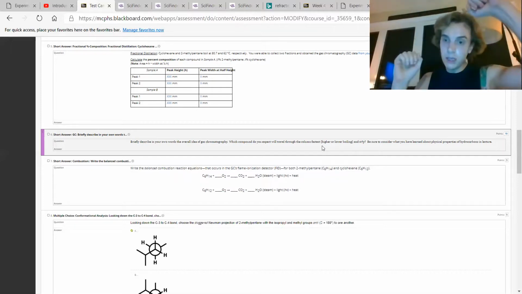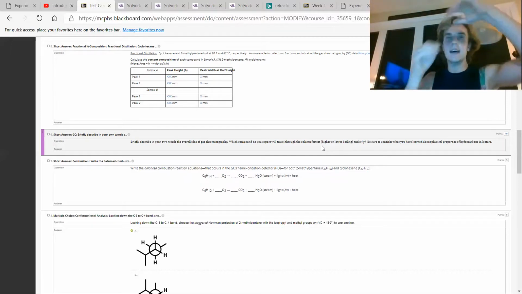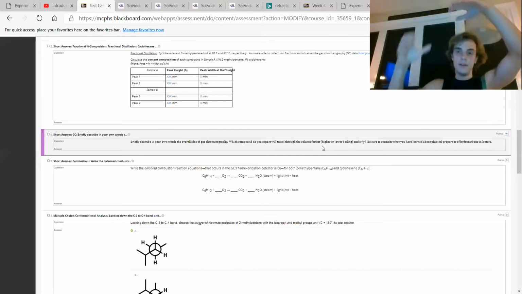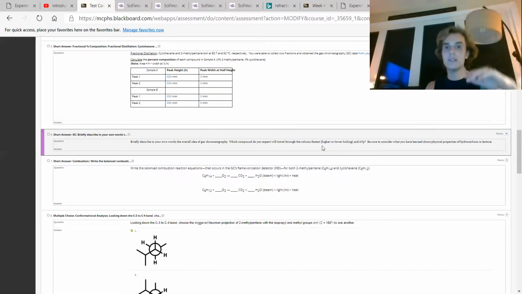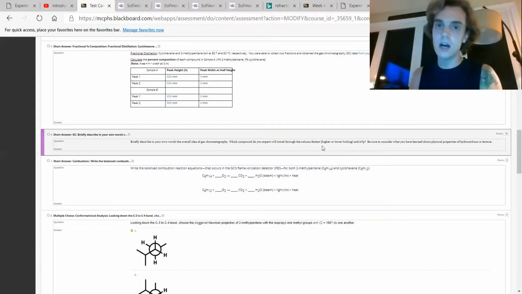Now, their boiling points differ by 18 degrees Celsius. So as we heat up the medium, the column, we are going to see a dispersion of the 2 compounds. And this is because we have a stationary phase and a mobile phase. In all chromatography, all of it will have a stationary phase and will have a mobile phase. In this circumstance, your mobile phase is nitrogen, some inert carrier gas like nitrogen or radon, etc.